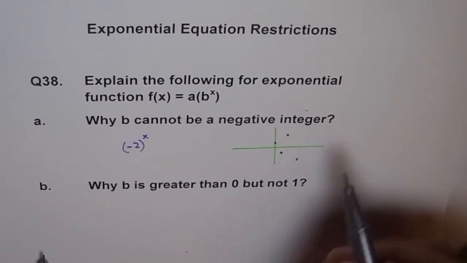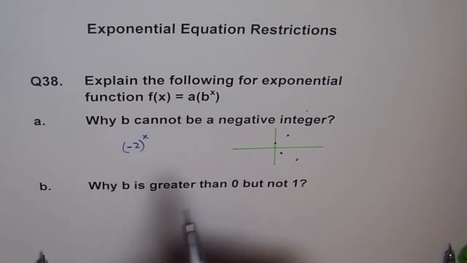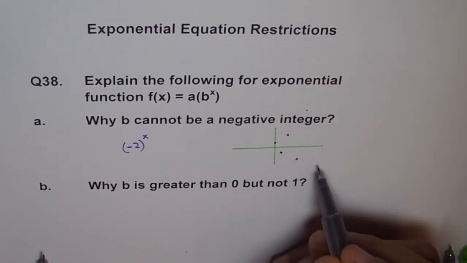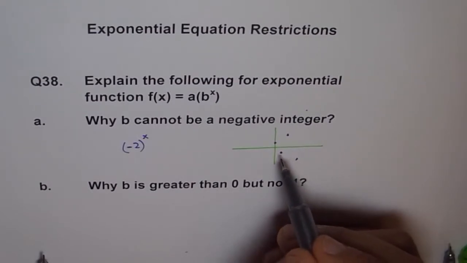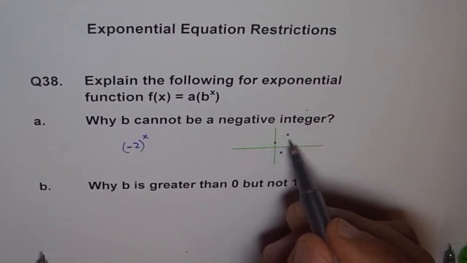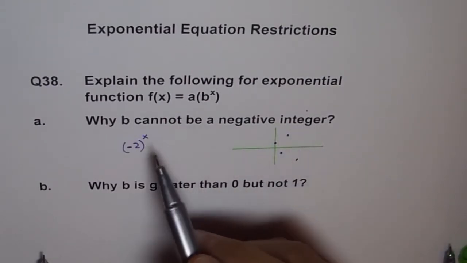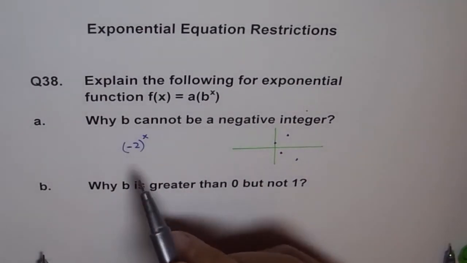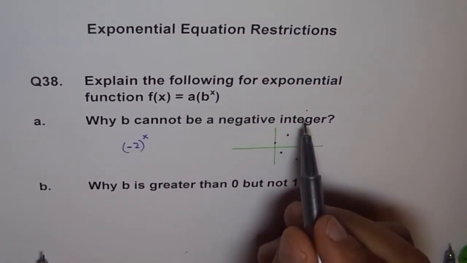So what happens if I have a negative base? Then my values keep jumping between positive and negative, right? The function is no more continuous. It's not continuous at all, right? We don't know what's happening. Therefore, for exponential function, we cannot have b as negative, because if b is negative, then our function is not continuous at all.